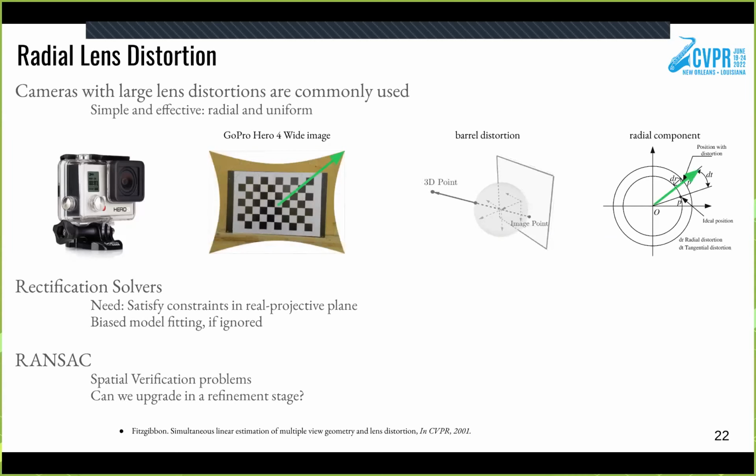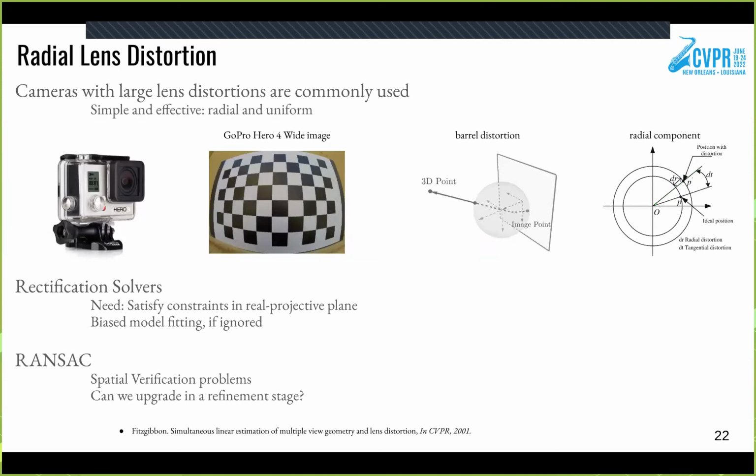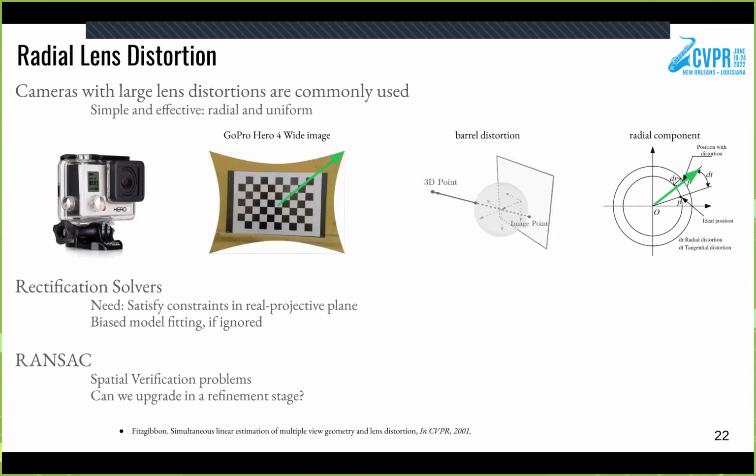To show you the effects, this animation shows that once you do the undistortion, you can create a rectilinear image. You can do this for cameras that have fields of view less than 180, or significantly less than 180. Actually, a lot of these solvers can handle cameras with larger than 180-degree field of view, but then you can't, of course, undistort and rectify the image.